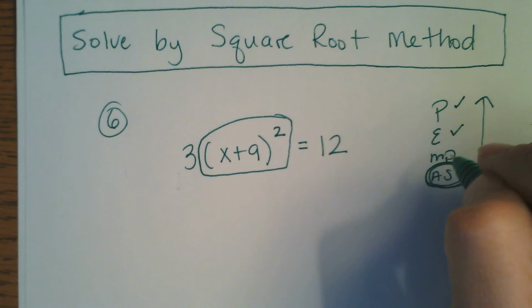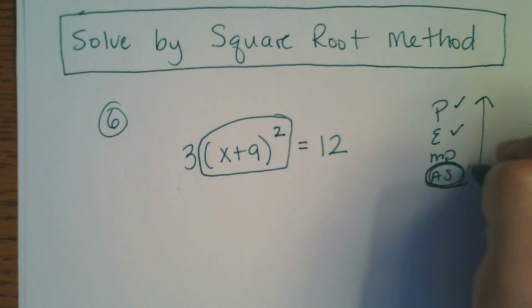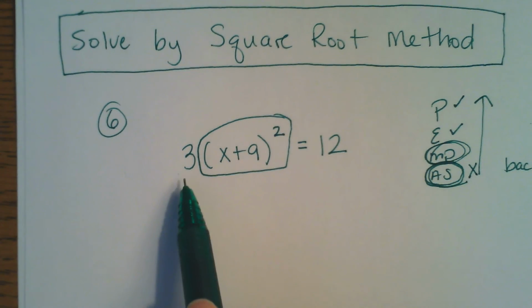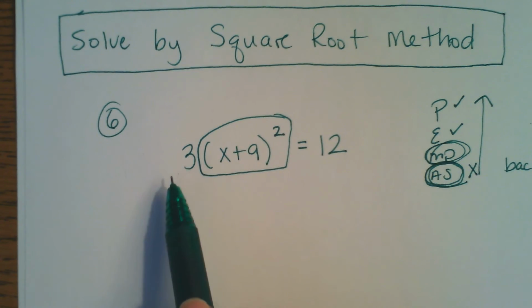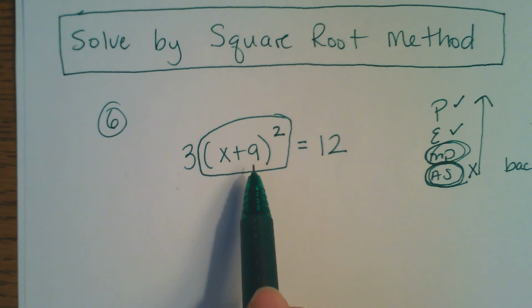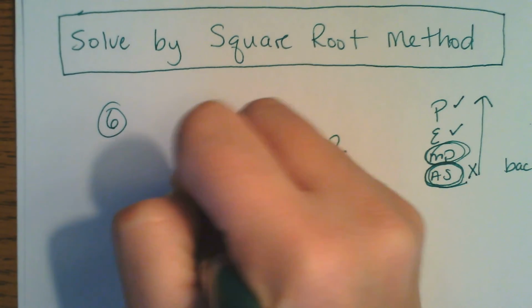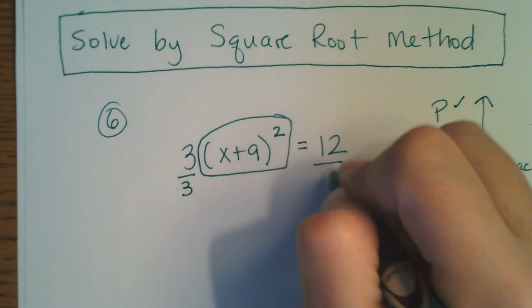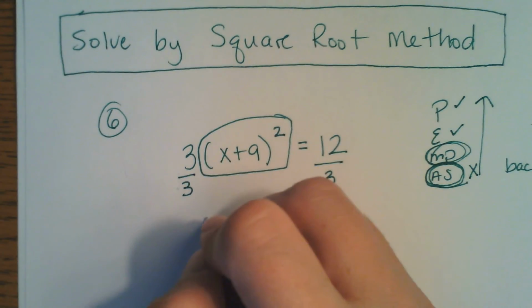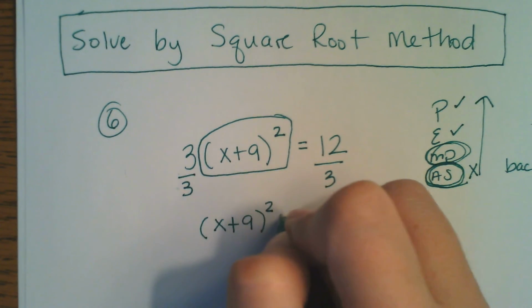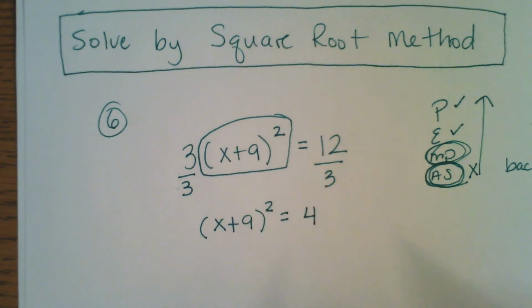So I'm going to have to skip the addition and subtraction for now and go straight to undoing any multiplication or division. I cannot distribute that 3 into the parentheses because of the exponent. I have to just move it by dividing it on both sides. This becomes x plus 9 squared equals 4.